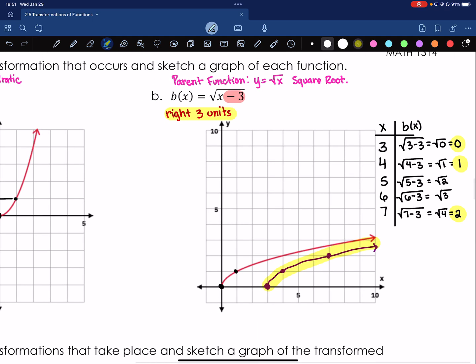Okay. So really that's all that we're doing. If you prefer a table, you have a table. If you can start with the parent function and shift it, then that's cool.